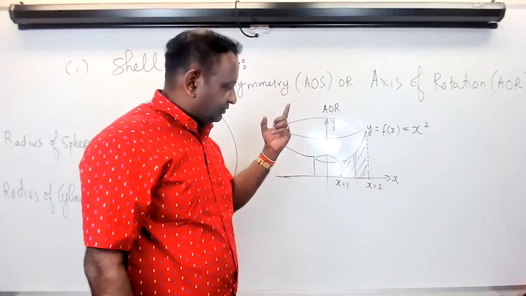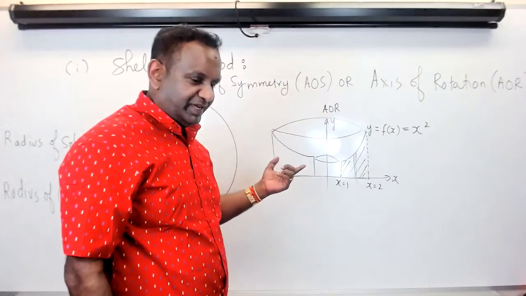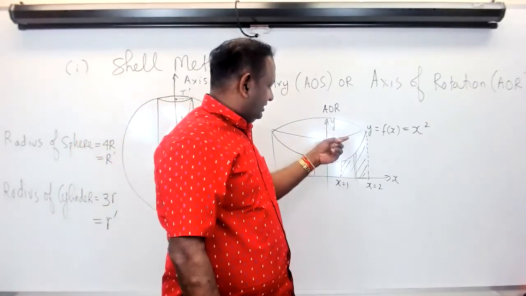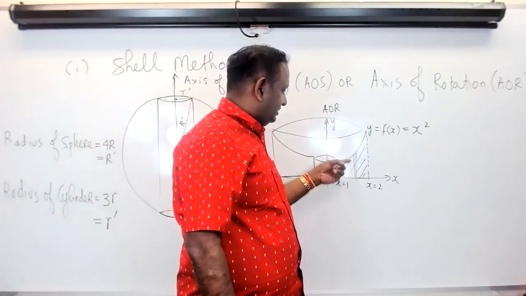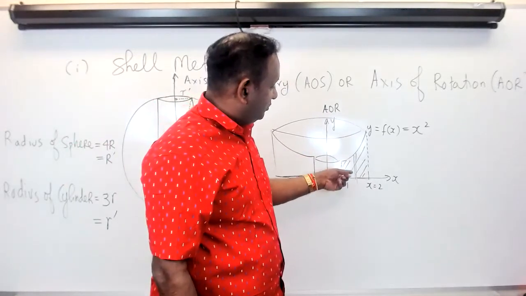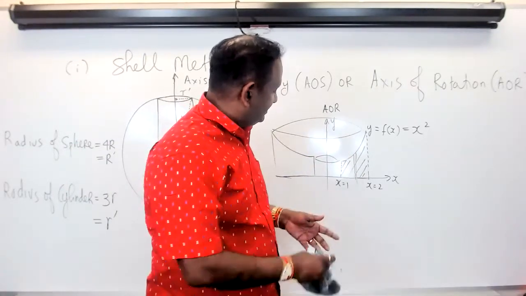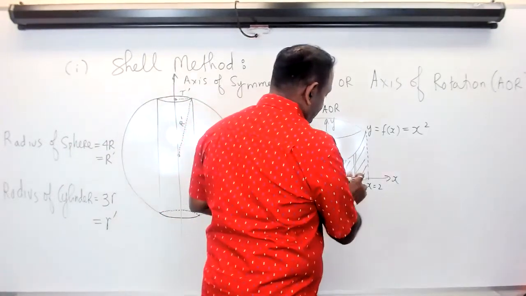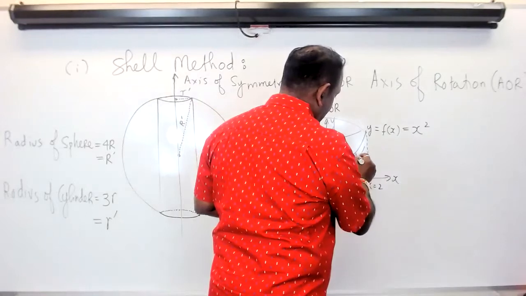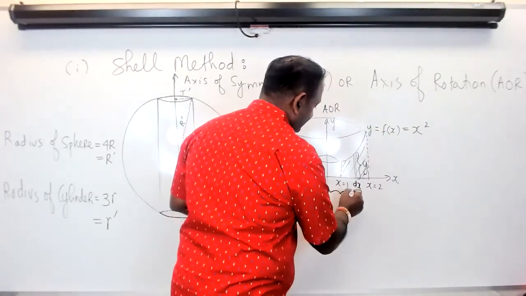Such a scenario should be tackled by taking, if you are planning to use the washer method, some kind of a small strip parallel to the axis of rotation with the width of dx and height y, at the distance of x at a general point.